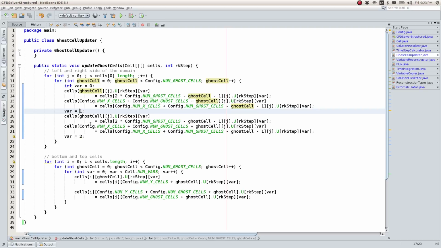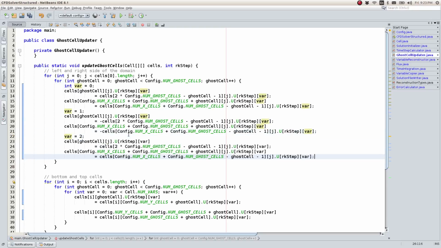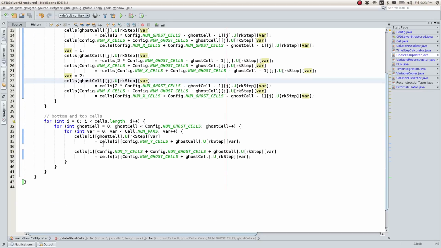So we just have to flip the signs. So I can flip the sign here, and I can flip the sign here, and also the same thing is going to go in here as well. Okay, so when variable is equal to 2, these are going to be the same. We don't have to flip the sign.